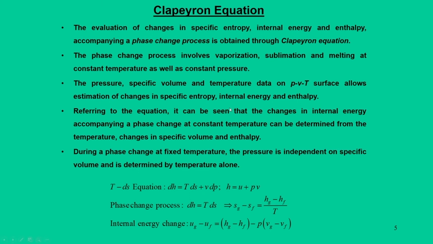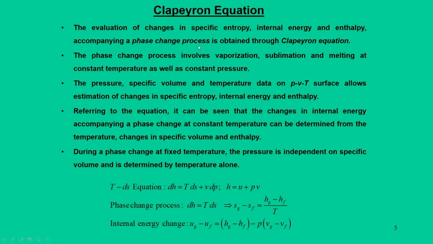So, the most important equation derived from all 16 thermodynamic relations, one of them is the Clapeyron equation, and it is applicable for phase change processes, and we will see how the Clapeyron equation helps us in simplifying certain analysis.